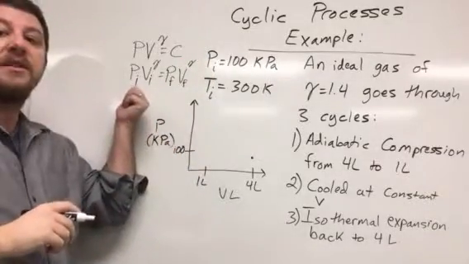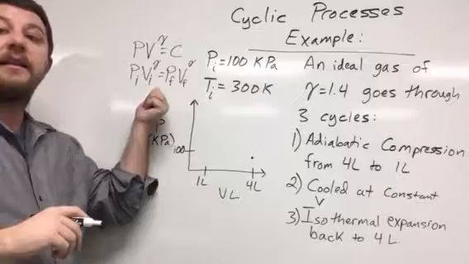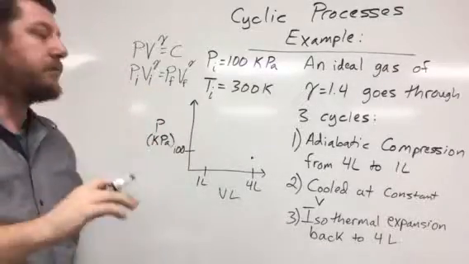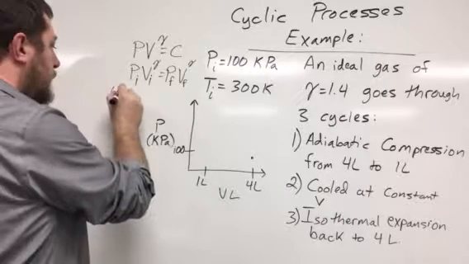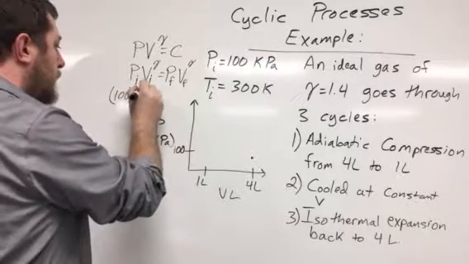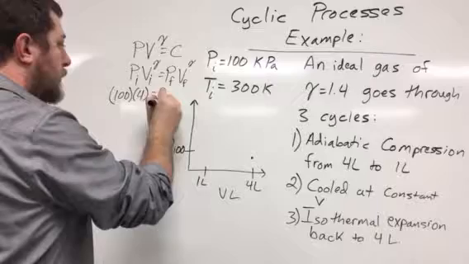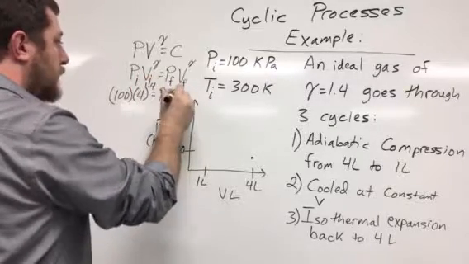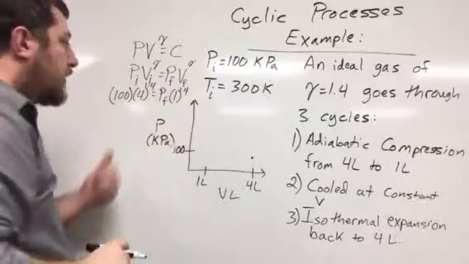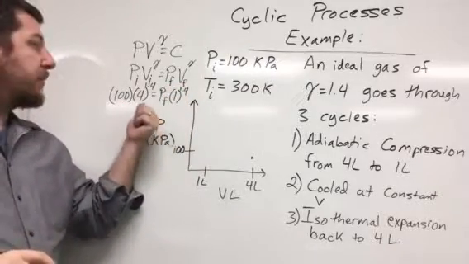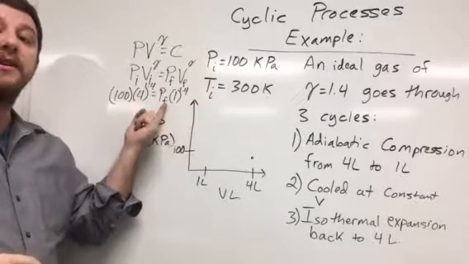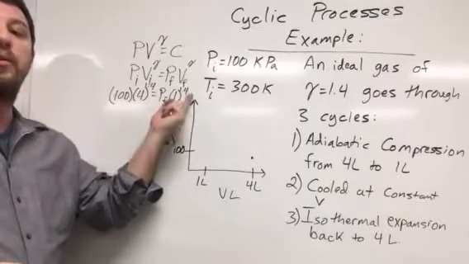And so we know that this is 100 kilopascals and this is 4 liters. And I'm going to leave my units in kilopascals and liters. So here we have 100 times 4 to the 1.4, and that must equal whatever my final pressure is, times 1 to the 1.4.